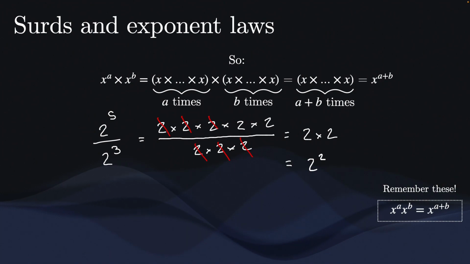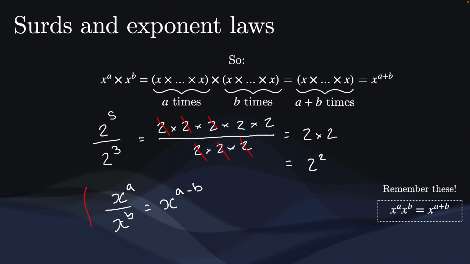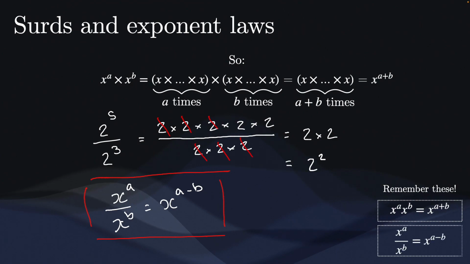Therefore, if we have x to the a over x to the b, what we can see here, 2 to the 5 divided by 2 to the 3, that's just equal to 2 to the 5 minus 3. Therefore, we just have x to the a minus b. And that is our second rule. And again, it's really important to remember this because you use it a lot and it is not given to you in your formula booklet.